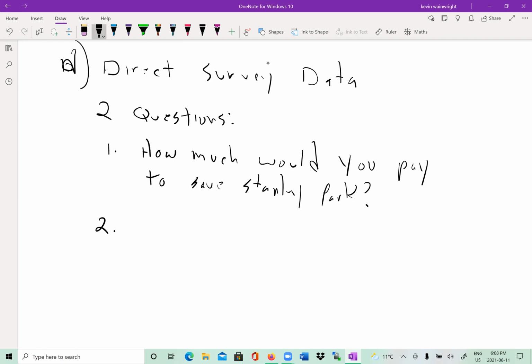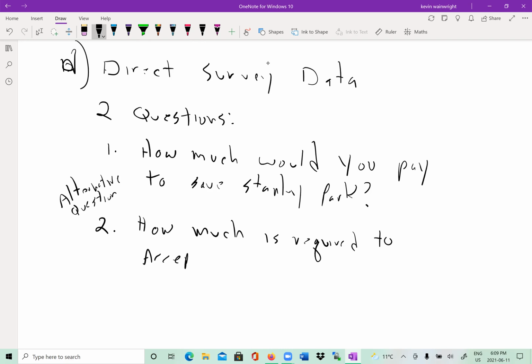Or we can ask an alternative question, which is, how much is required to accept the loss of Stanley Park?